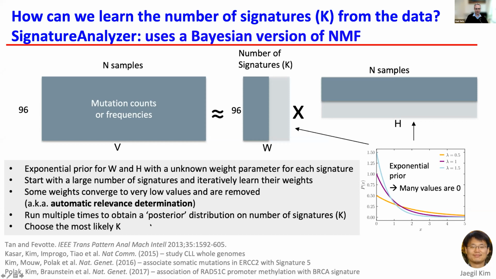So we run it multiple times and generate something you could think of as a posterior distribution of the number of signatures, and we choose the most likely K given the data. This algorithm is called SignatureAnalyzer, and it's available.